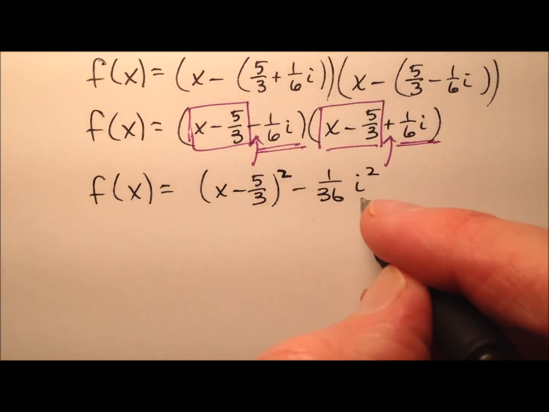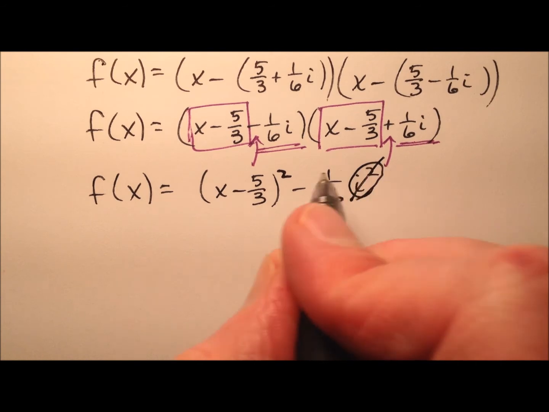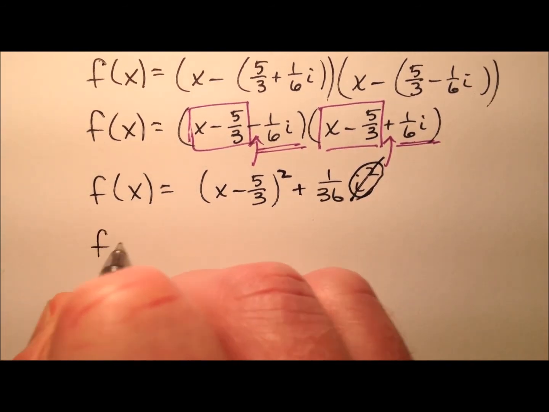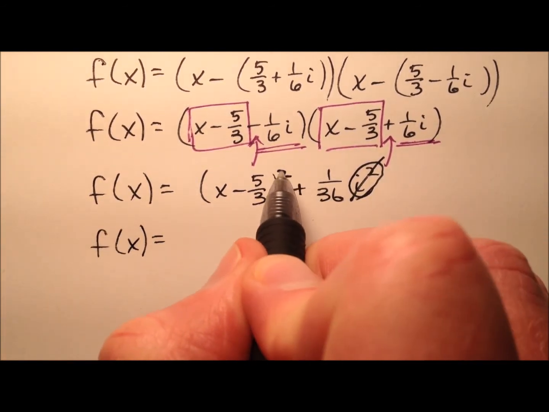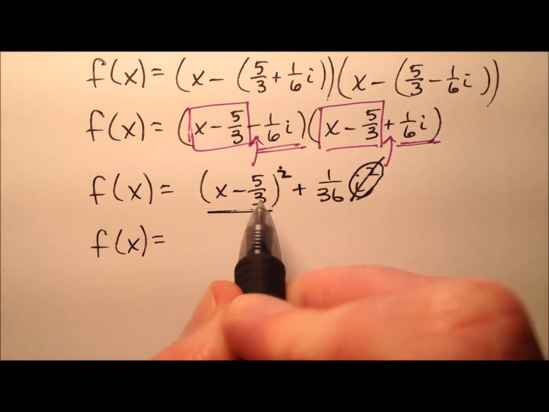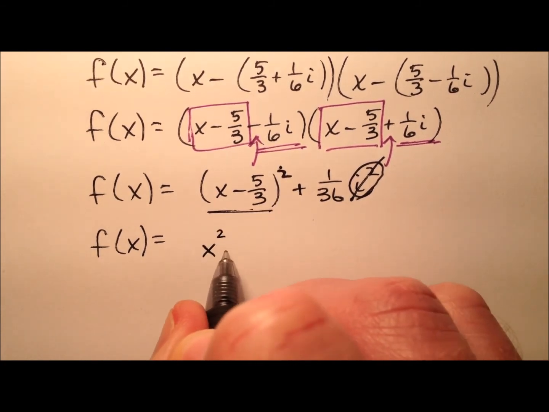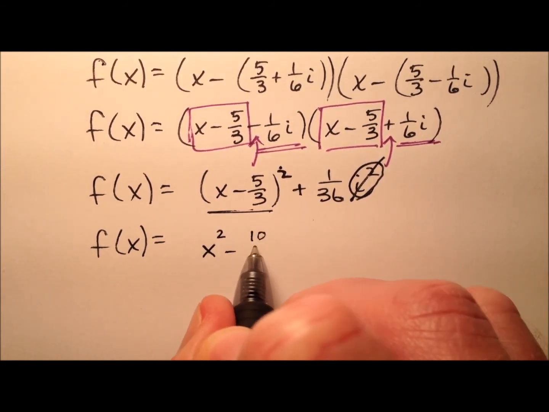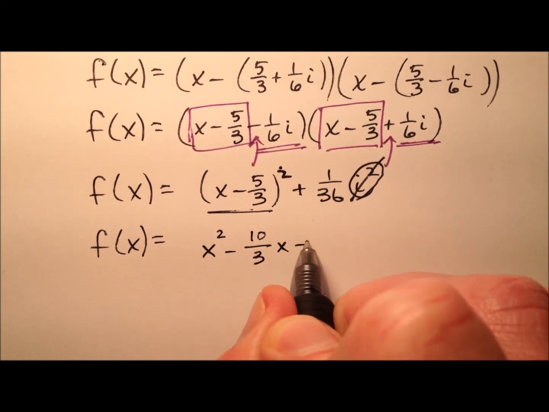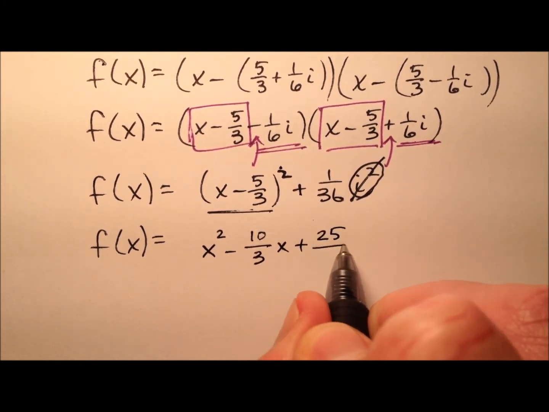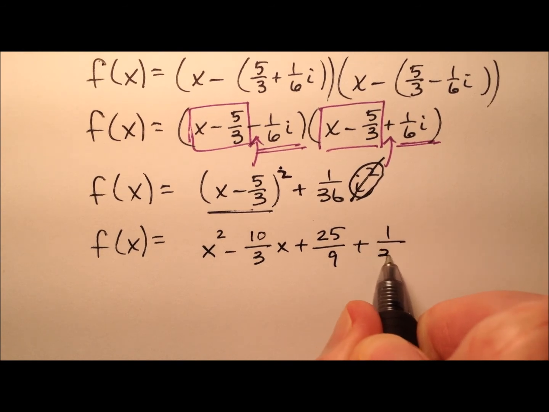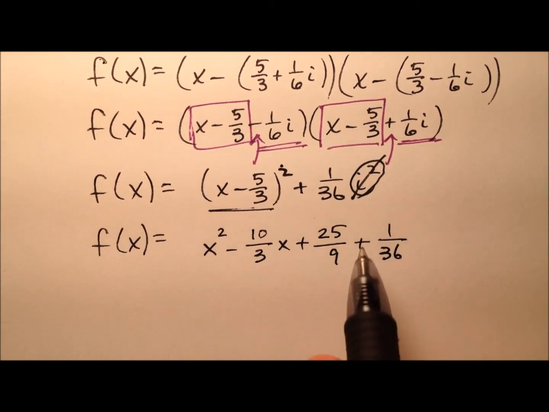All right, so the i squared is a -1, so that'll change that to a positive. Whenever we do the perfect square formula for this guy, we'll have x squared minus, and it looks like 10/3 x plus the square 25/9, and then plus 1/36.